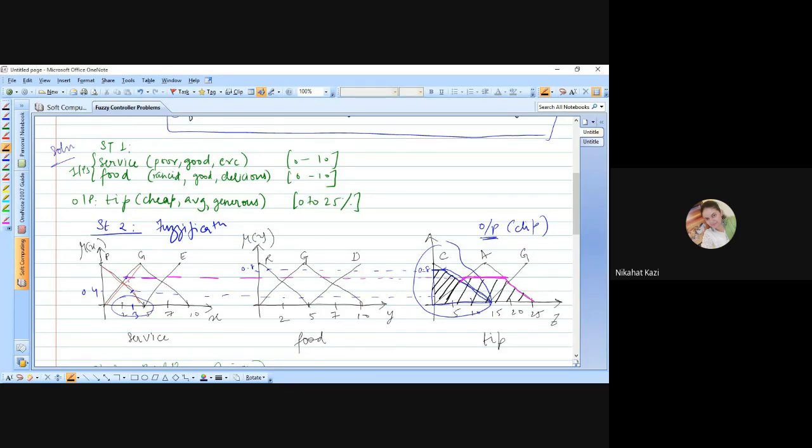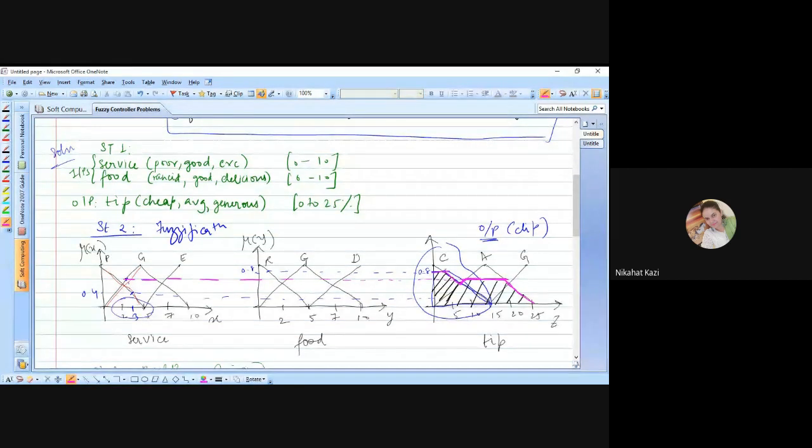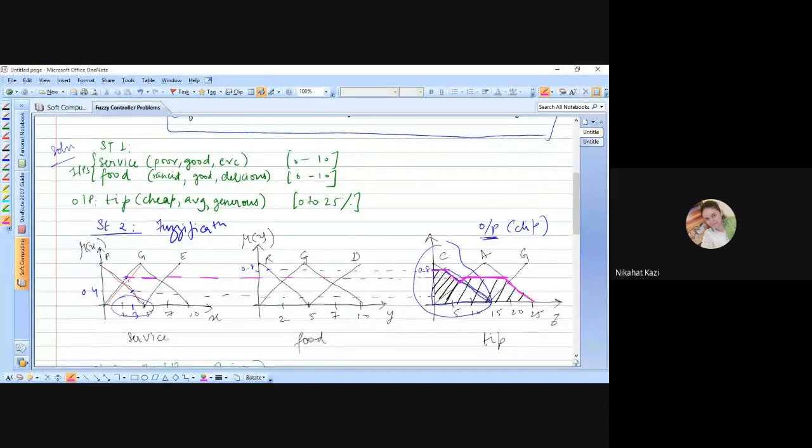Are you getting it? Yes or no? This is the area under consideration. This is the overall output. And for this overall output, now you have to apply the centroid. Whenever you apply the centroid method, you will have to look at this combined area and then find the centroid of it.